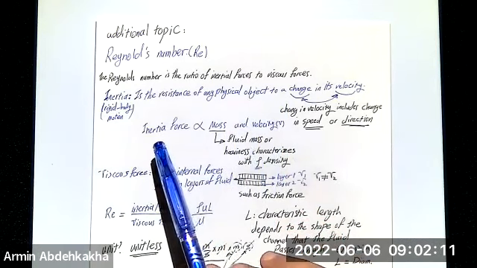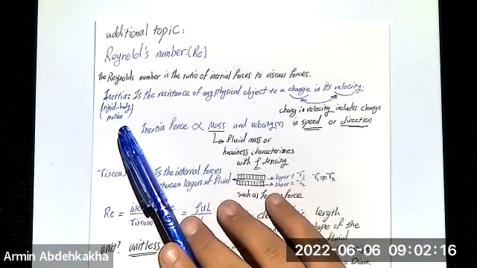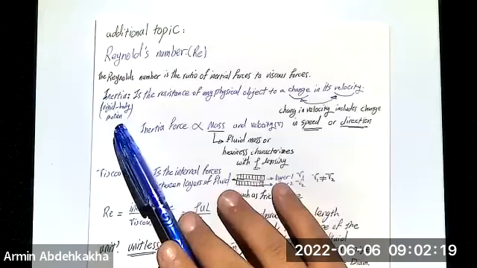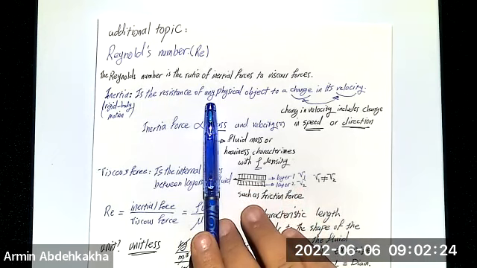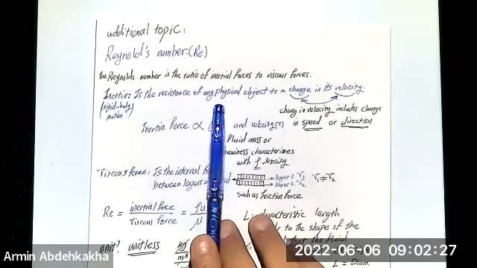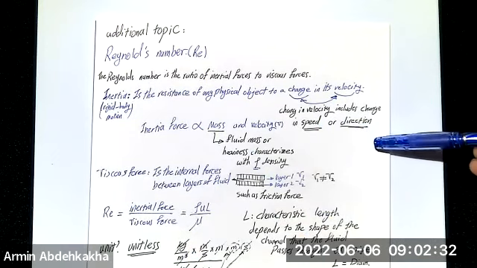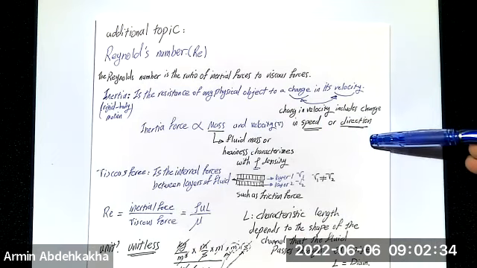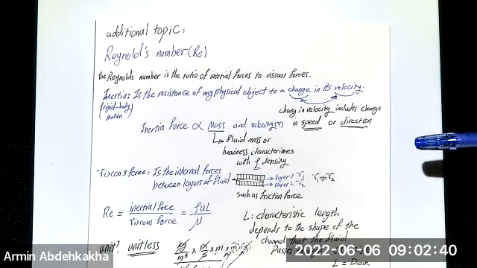So let's go for understanding the meaning of inertial force in rigid body motion. Inertia is the resistance of any physical object to a change in its velocity. Velocity change can be done by speed or by the direction of velocity. And inertia means how much a rigid body wants to keep its constant velocity in terms of direction or speed.